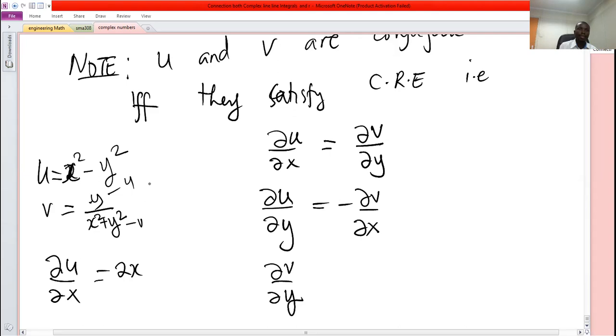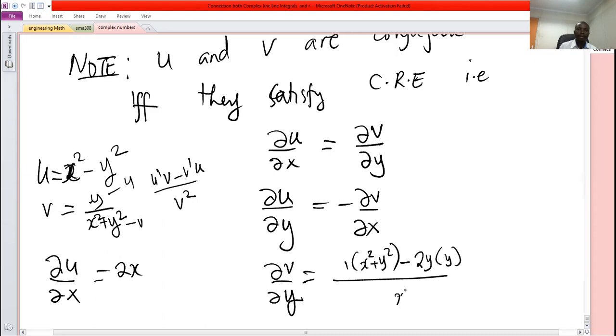So u prime v minus v prime u over v squared. So u prime is 1 times v, x squared plus y squared, minus v prime, which is 2y, into u, x, all over (x squared plus y squared) squared. This will give you x squared plus y squared minus 2y squared over (x squared plus y squared) squared.